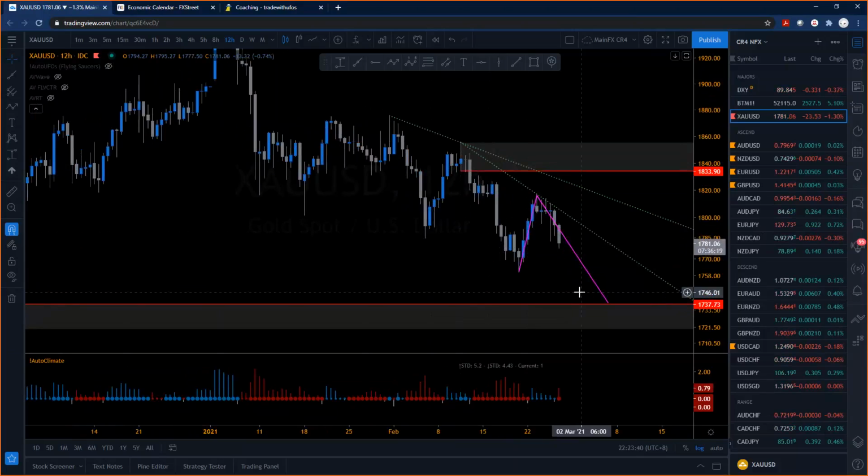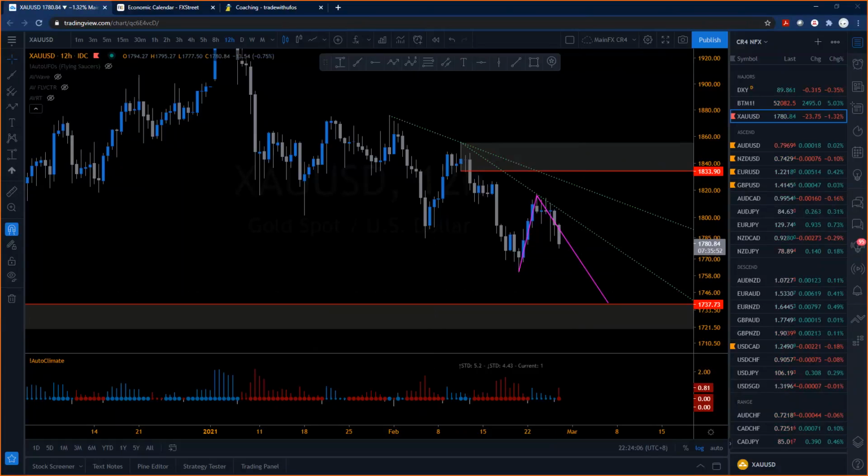Now, people always ask me, shouldn't the dollar be inversely correlated to gold? Well, sometimes you have to look at things and understand that correlations don't always exist all the time.